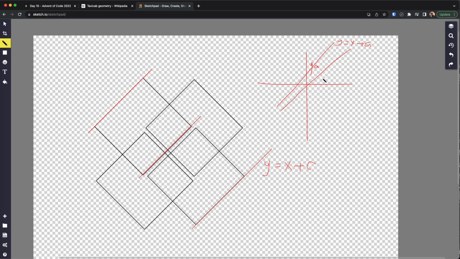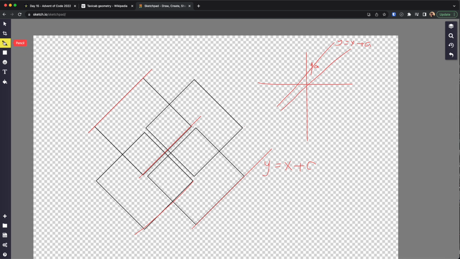We should consider that all these lines are parallel. So these red ones are all parallel to each other, and the only thing that is different between them is this c value, which is changing.